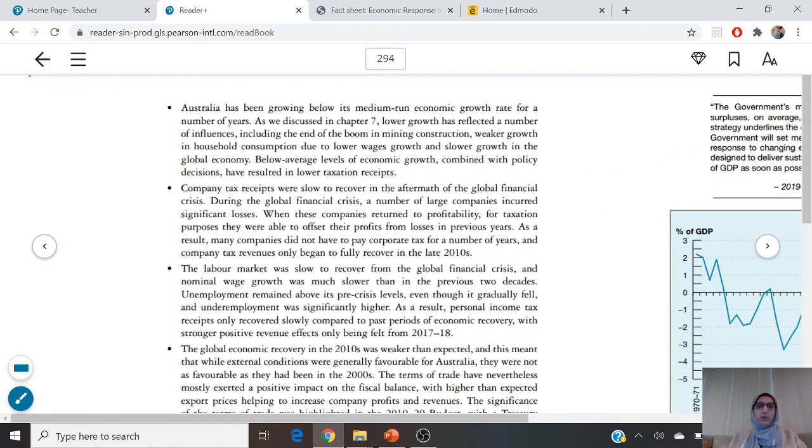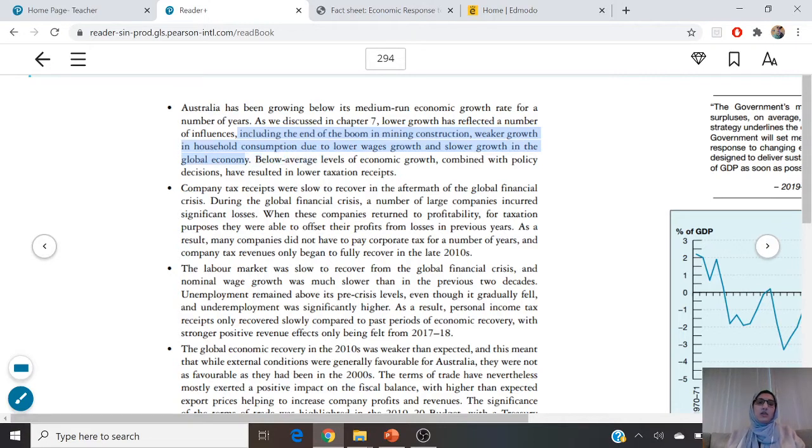Australia has been growing below its medium-run economic growth rate for a number of years, as we discussed in chapter 7 as well. Lower growth rate that's because of a number of things, including the end of the mining boom and weaker growth in household consumption due to lower wages.